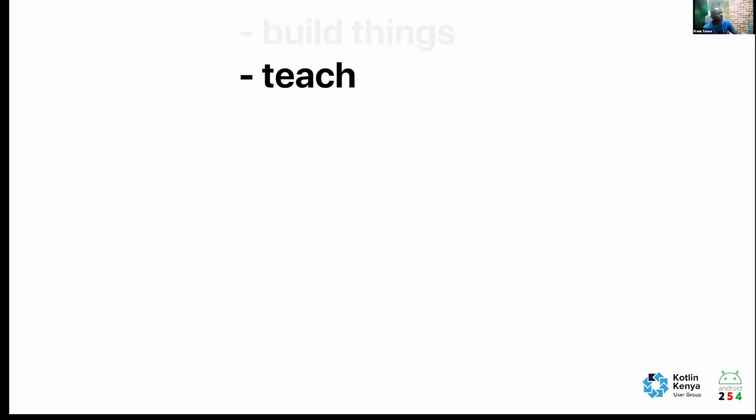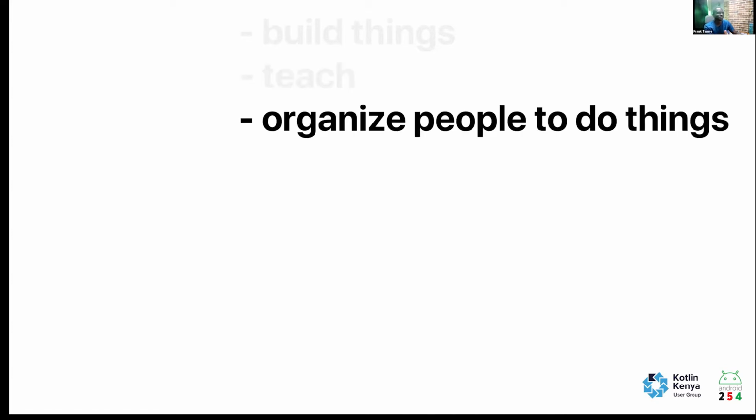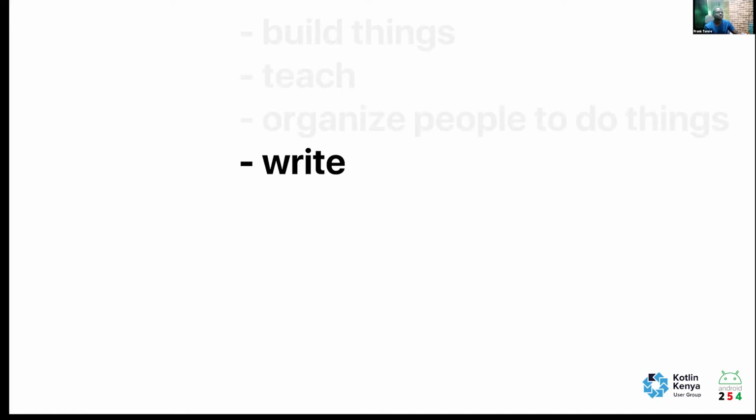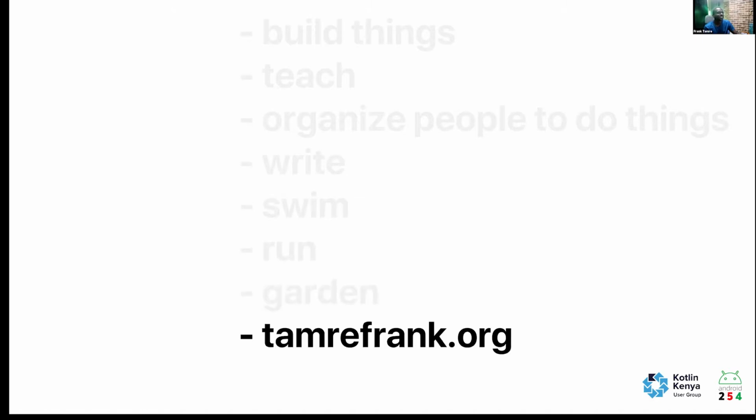I also teach people programming, obviously, and now swimming and some fitness stuff. And I organize people to do things, with Kotlin, Android, and also Azure. I write a bunch of stuff, books, both fiction and blogs. I swim, run, do garden stuff, and I have this website.